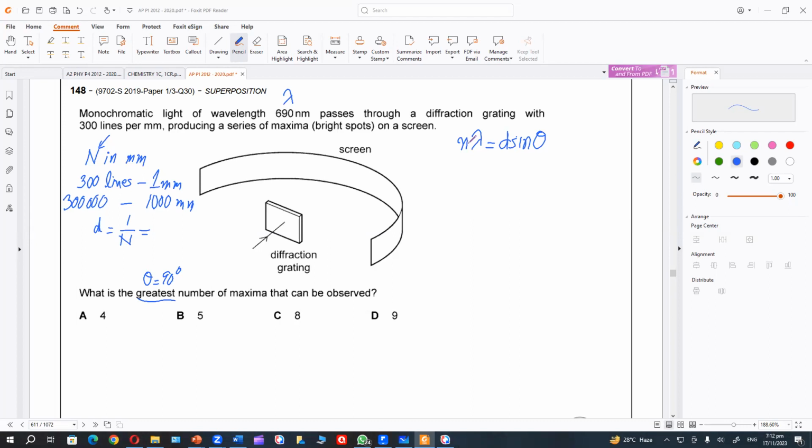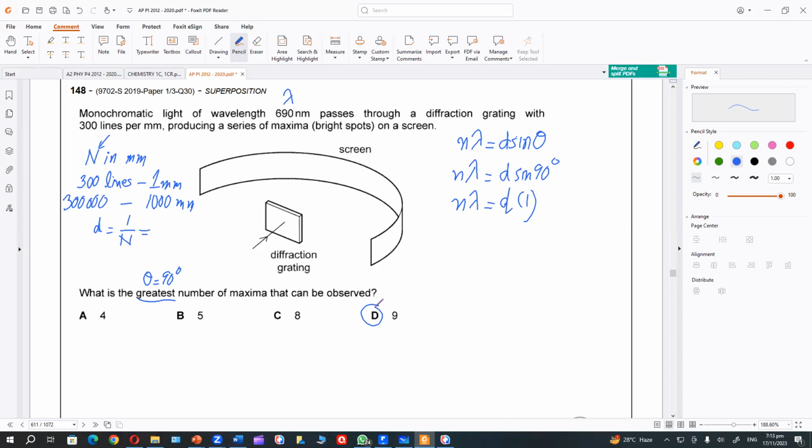So what is actually N coming after the calculation? The answer is coming, and we will put N lambda equals d, and then we have to put lambda. d is in our hand.